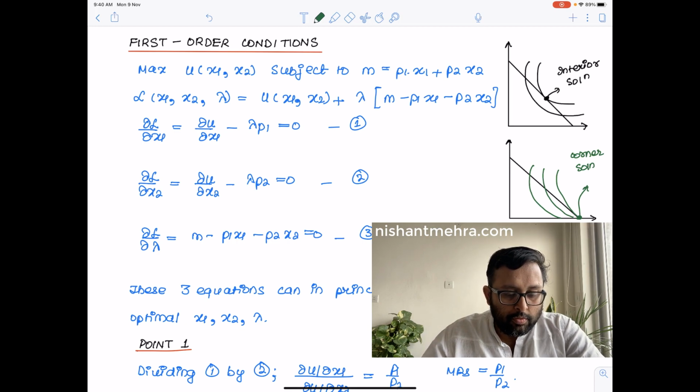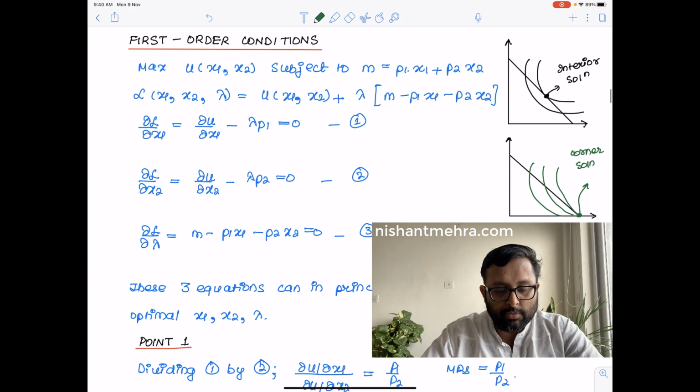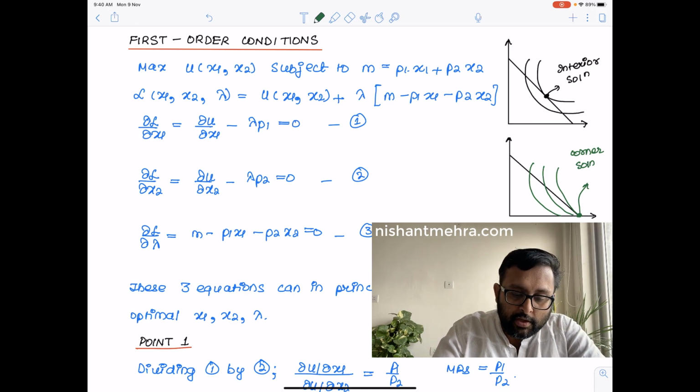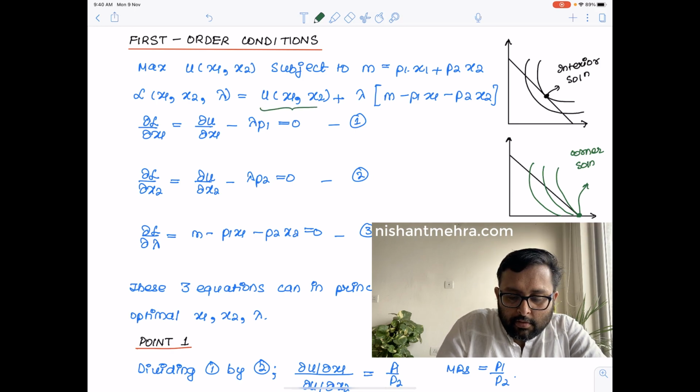So what do you do? You maximize u(x1, x2) subject to m equals p1x1 plus p2x2. You set up the Lagrangian. So what you do is you have the objective function plus lambda times the budget constraint, right?